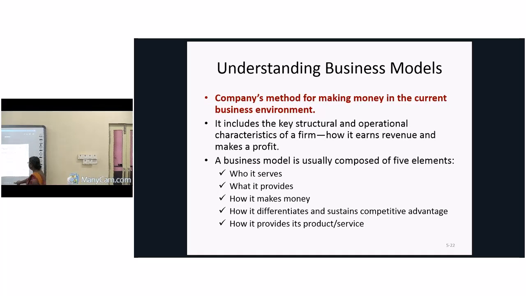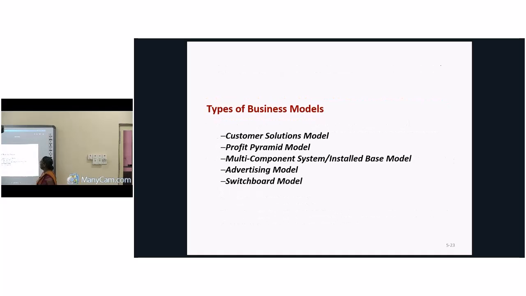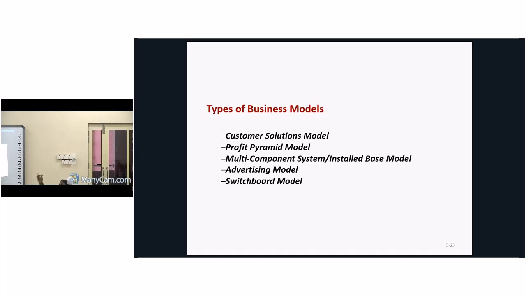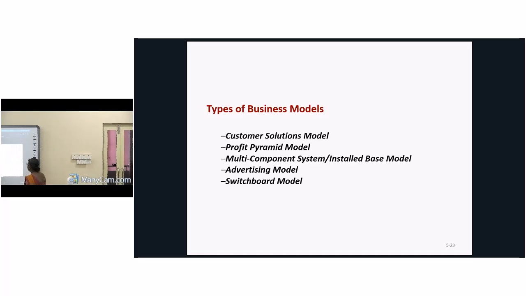Customer solution basically provides customers different types of solutions. Profit pyramids: they have different levels of customers, and it makes a pyramid when earning profits. So, these are different business models.